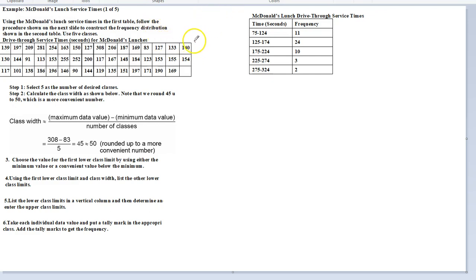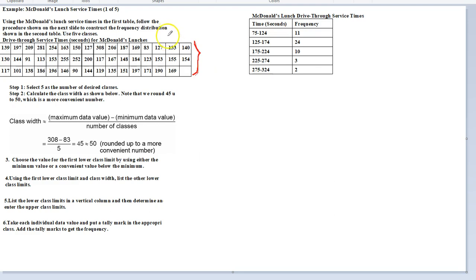Okay, so this data here we collected is the wait times during the lunchtime being served. In other words, it's just a drive-up window, and these are the seconds the customers wait before they get served.